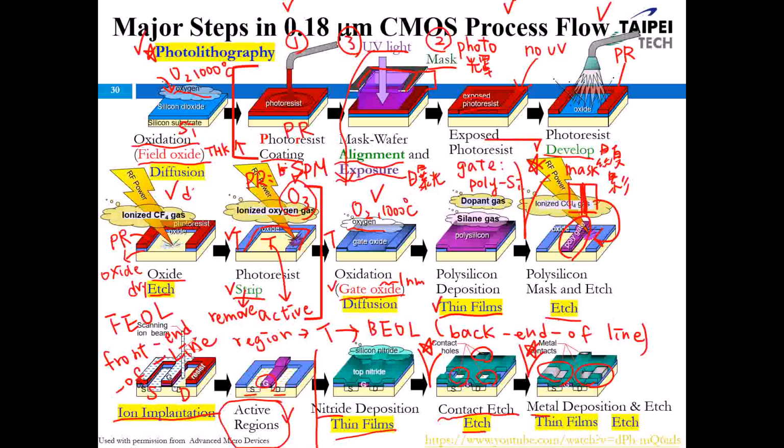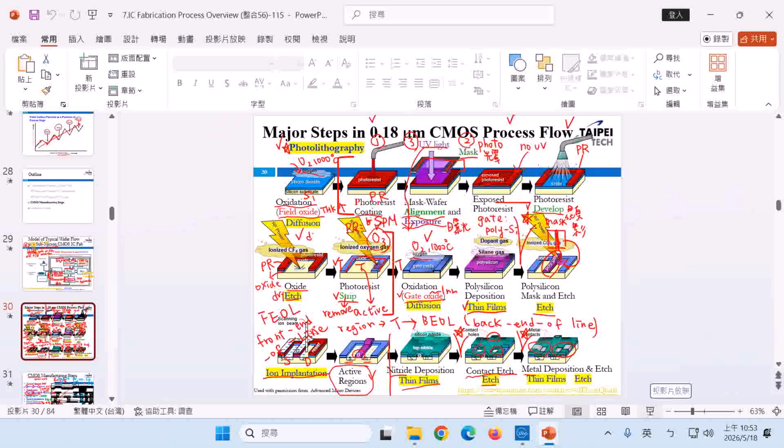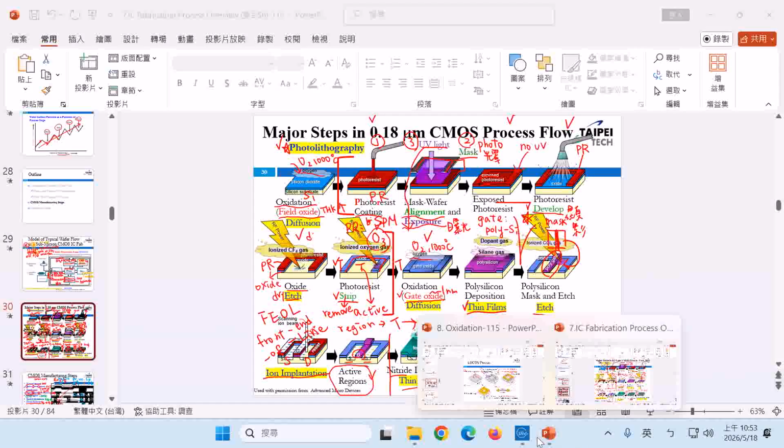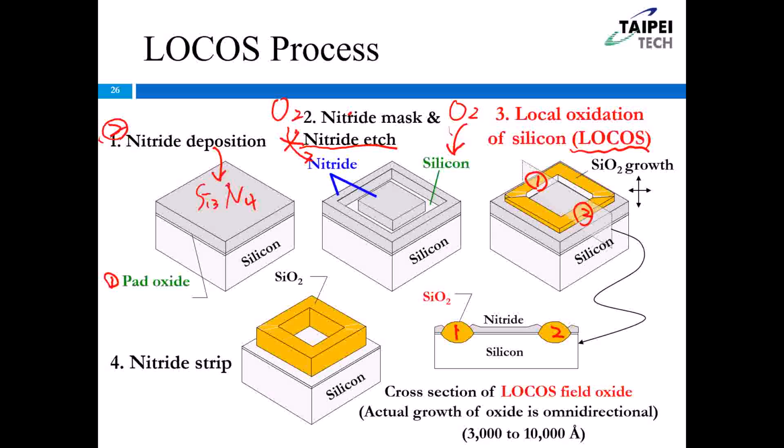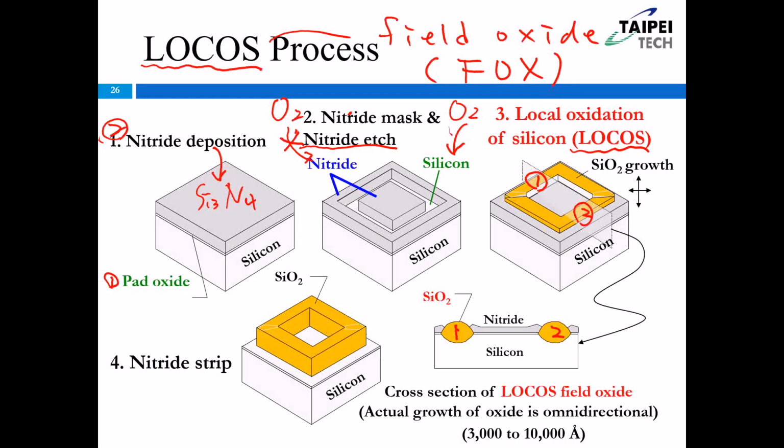So going back to our slide, LOCOS we can also call field oxide, and in industry we prefer to write FOX. I encourage you to memorize FOX by yourself, because in industry sometimes we just write FOX.